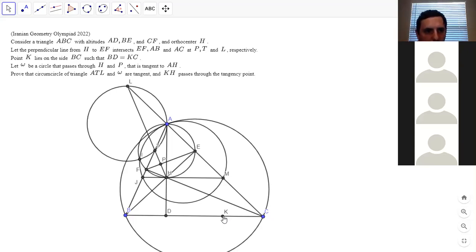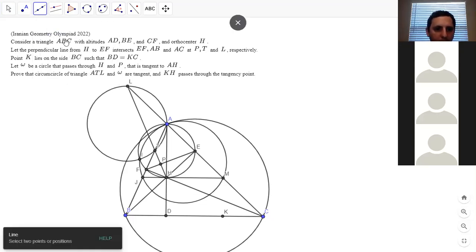There's a lot going on in this diagram. AI, EF, and JM concur. AI, EF, and JM.